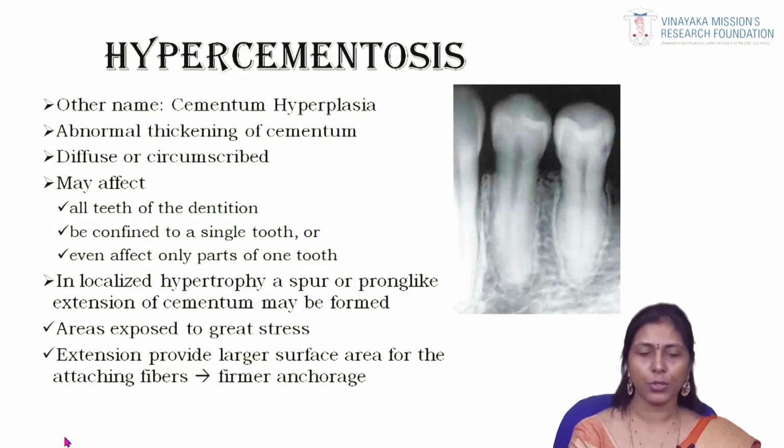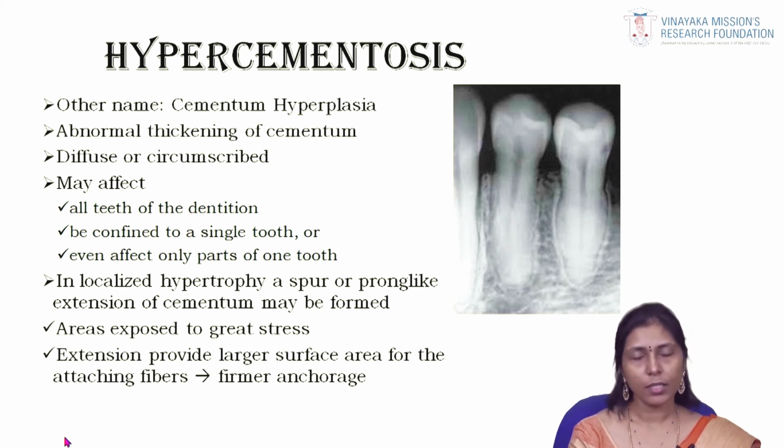Coming to hypercementosis. What is hypercementosis? It is nothing but abnormal thickening of cementum in the root portion of the tooth. In the apical portion of the tooth, you see abnormal thickening of cementum, and this is also called cemental hyperplasia. This hypercementosis can be either diffuse or circumscribed.